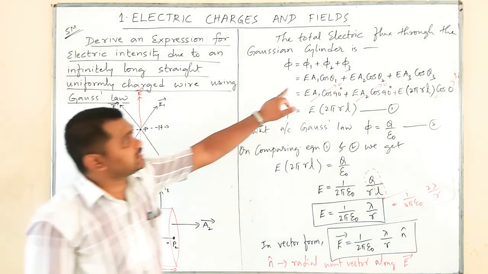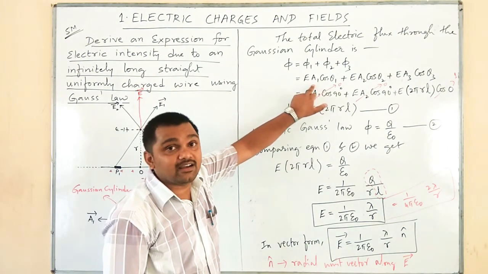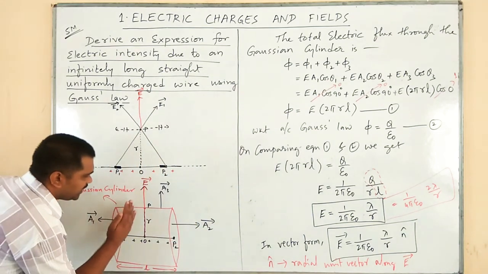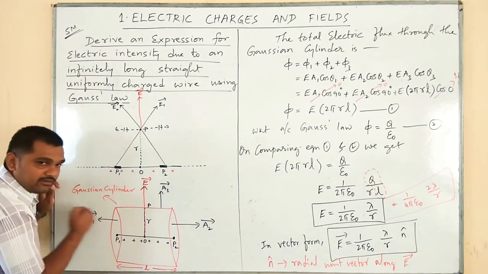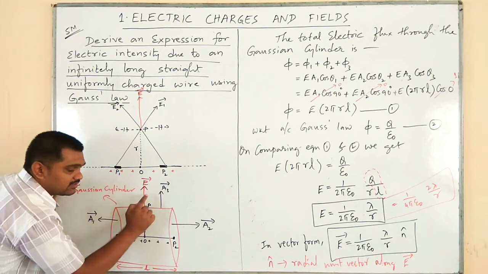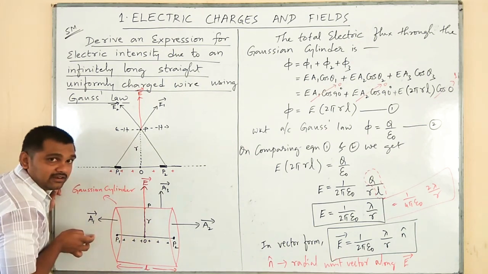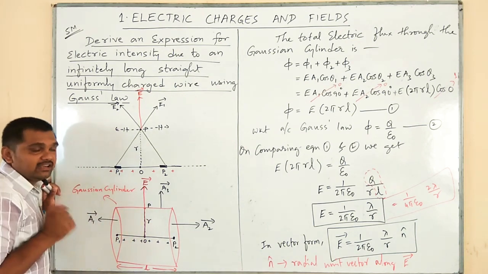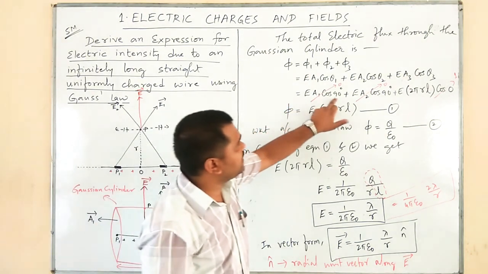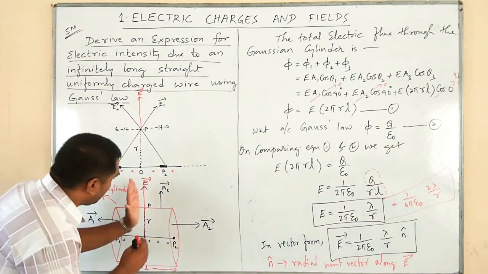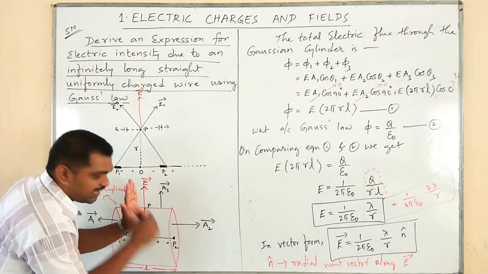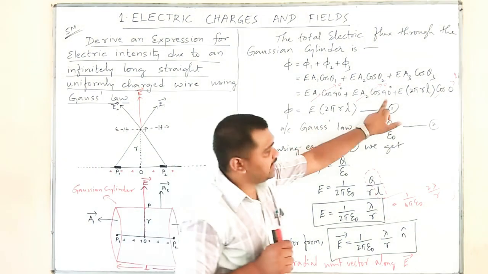Theta 1 is the angle between E and A1. See, take a look here. E is along this direction, A1 is along this direction. So, the angle between E and A1 is 90 degrees. Therefore, E A1 cos 90. Similarly, the angle between E and A2 is again 90 degrees, cos 90 degrees.